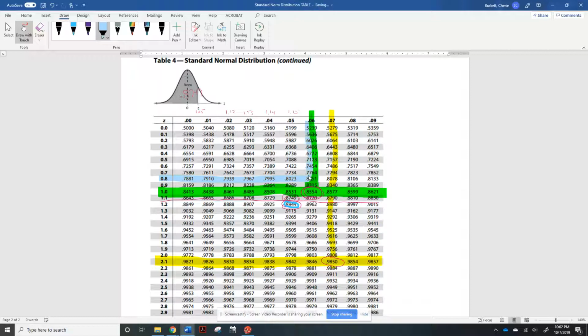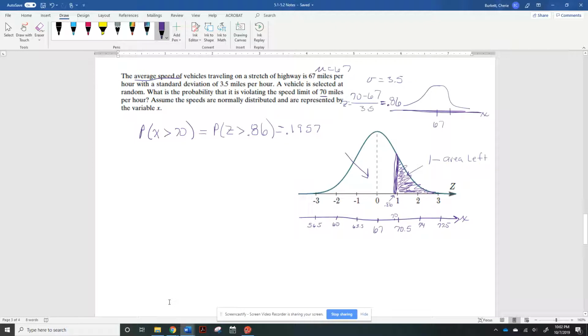So it's this one. That's 0.851. This is 0.0851. That's this area right here.